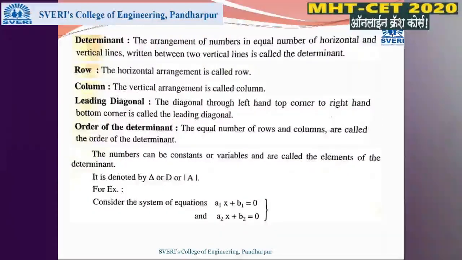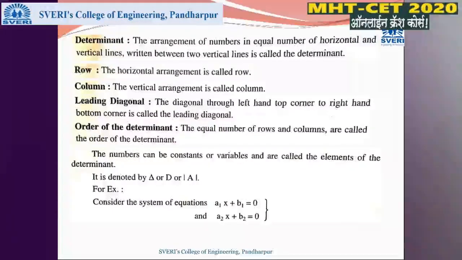The horizontal arrangement is called a row, the vertical arrangement is called a column, then the leading diagonal. What is the leading diagonal? The diagonal from the left hand top corner to the right hand bottom corner is called the leading diagonal. Now the order of the determinant. The equal number of rows and columns is called the order of the determinant.